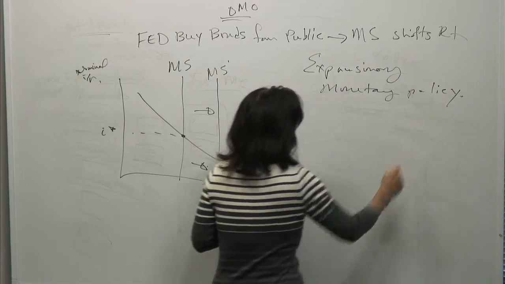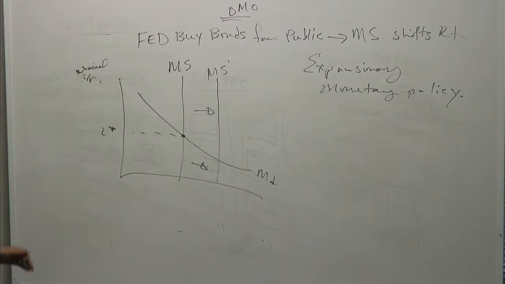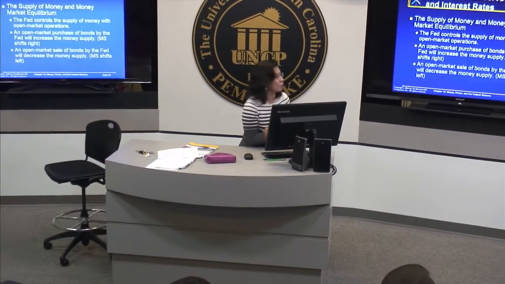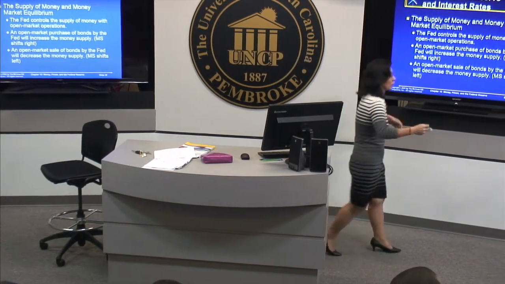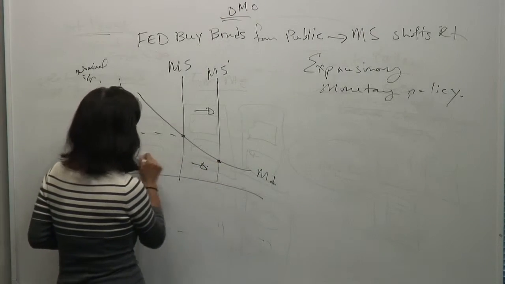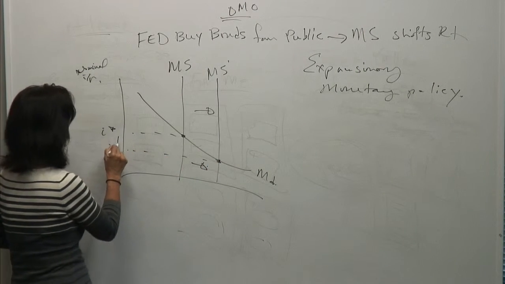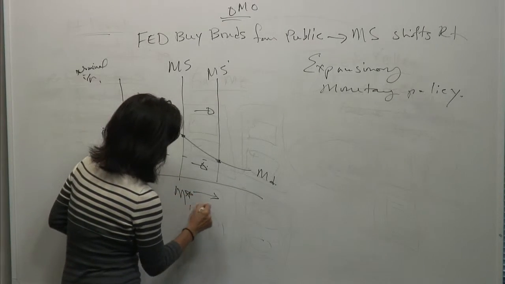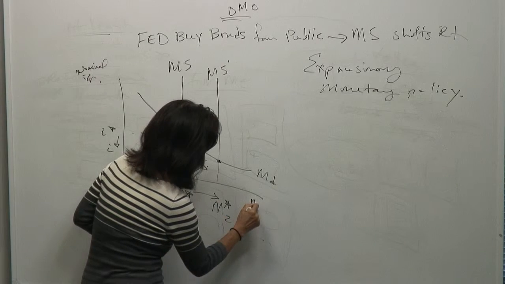Remember other words I use that will come out on your test: we call it loosening of monetary policy. You relax it instead of it expands. If that's the case, you can see that the interest rate will be lower, and the money stock will go up from M star 1 to M star 2. This is money stock.